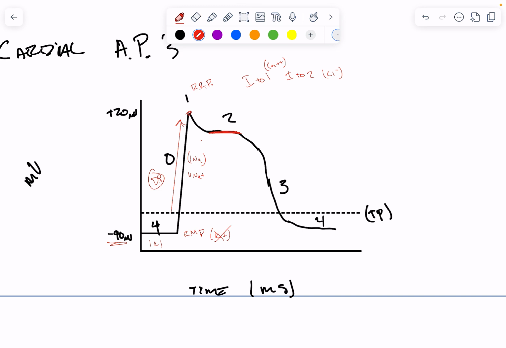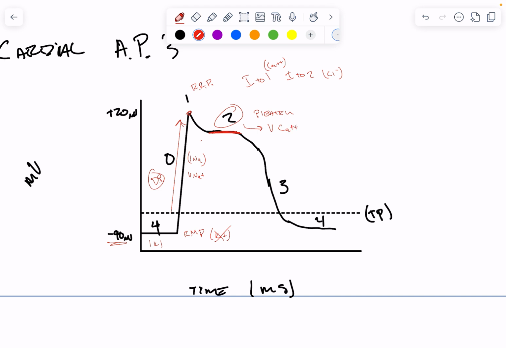Okay, so then we get to phase 2 here, and in phase 2, this is the plateau phase. And the plateau phase is really what distinguishes cardiac muscle from other excitable tissues in the body. And this is because of the opening of voltage-gated calcium channels.